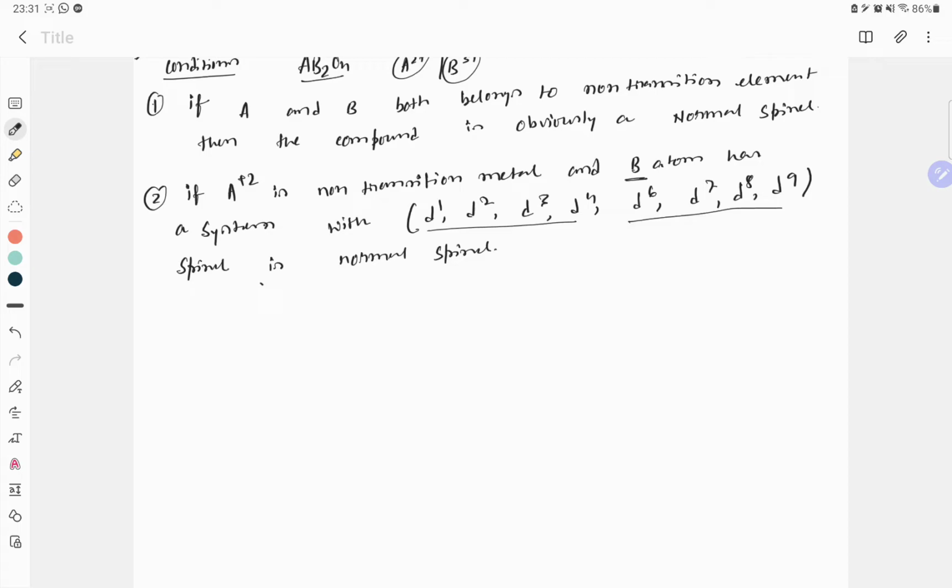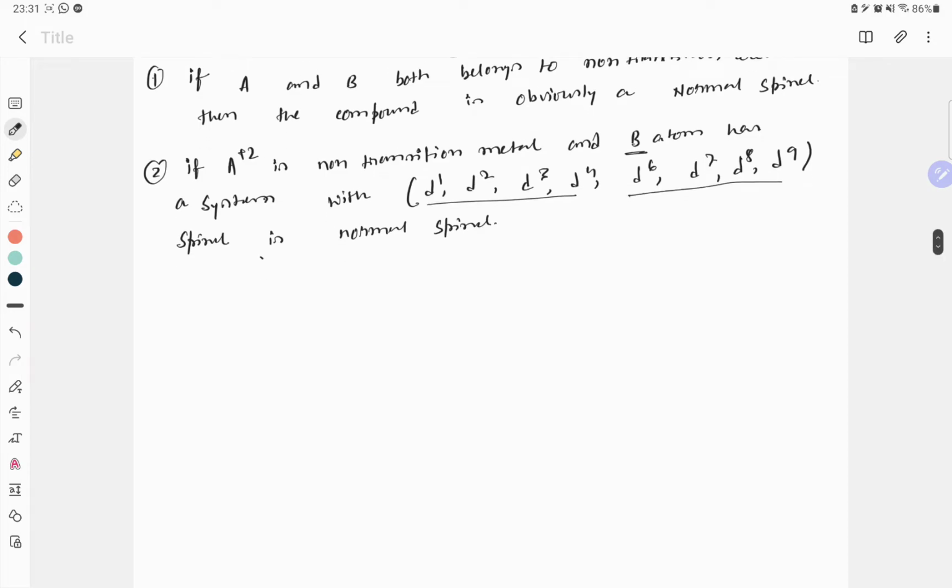But how is it so? Because if A is a non-transition metal, then CFSE is 0, because for a non-transition metal we do not count the CFSE energy.